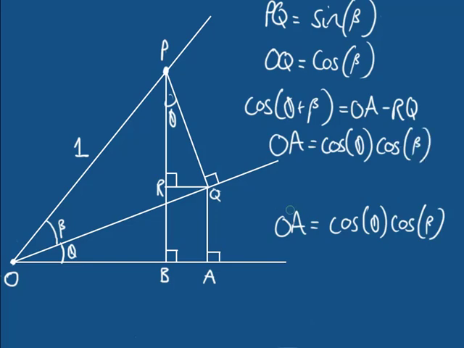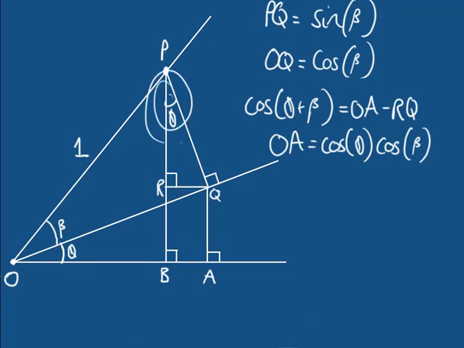So that's OA, but what about RQ? Well, RQ we can find by using the triangle PRQ. We know that RQ is the opposite edge of our angle theta, and we already found PQ. We know that PQ is equal to sine beta. So PQ is the hypotenuse of this triangle.